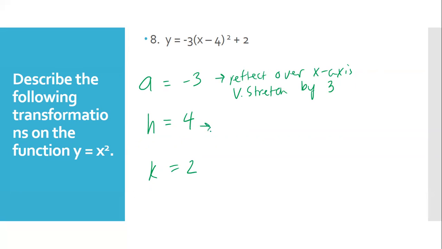Okay? The h equals 4 tells us we're going what? Perfect. Shift right 4. And the k equals 2 tells us up 2. Perfect.